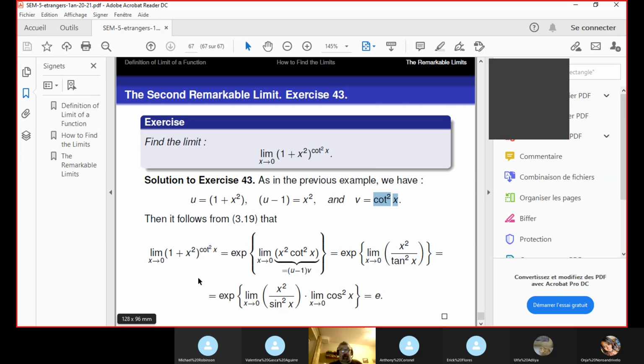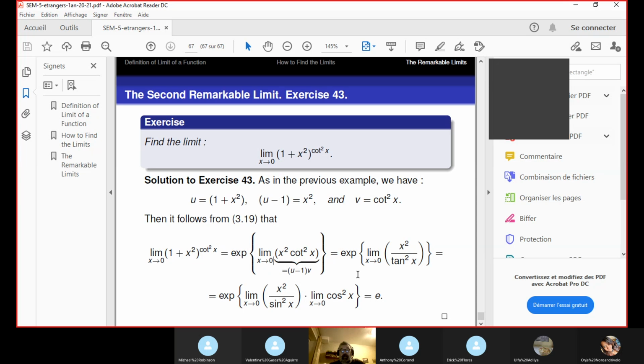In order to find our desired limit, we have to calculate the exponential function of the limit as x goes to 0 of this product, (u minus 1) and v.